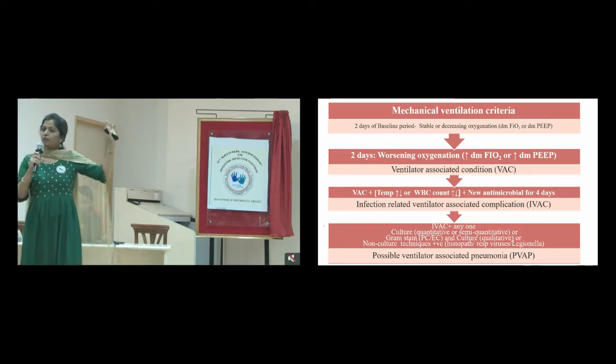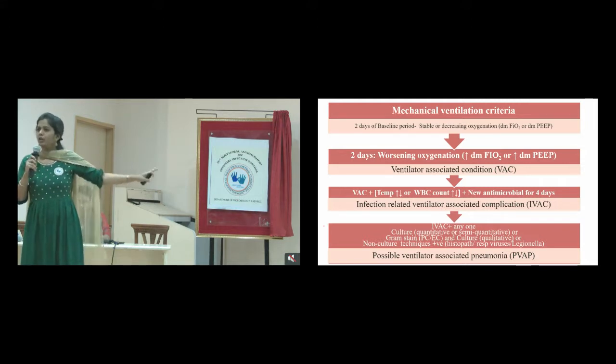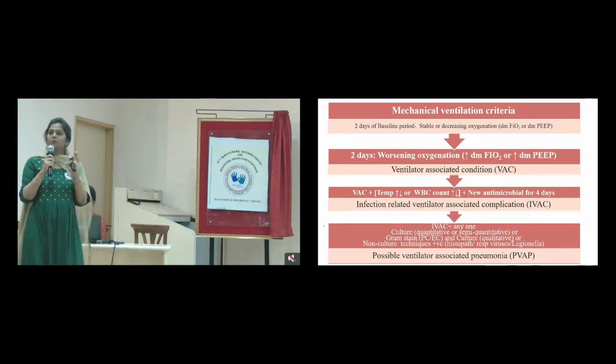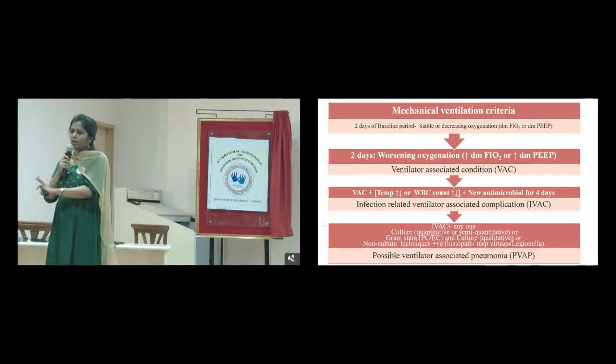Once your IVAC is fulfilled, you are going to look into your culture and the criteria for PVAP. You look at any one of these. Your culture should be positive, either quantitative or semi-quantitative culture, gram stain plus qualitative culture, or other non-culture techniques come as positive, and you are going to diagnose as PVAP.